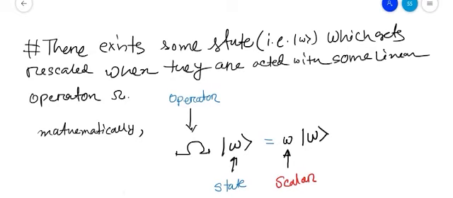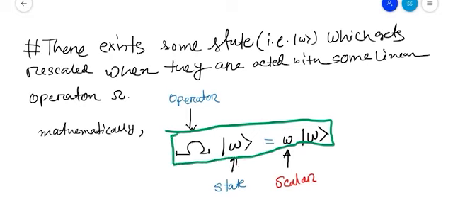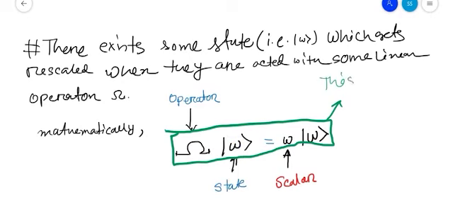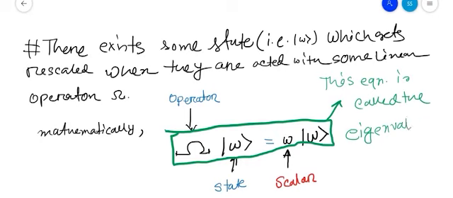This equation is called the eigenvalue equation, or the proper value equation, or the characteristic equation, not the characteristic equation that we will see later.